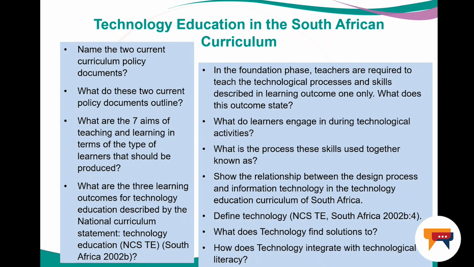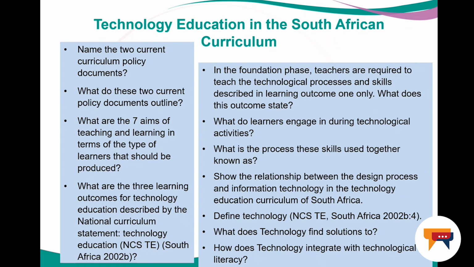So you need to basically show the relationship between the design process and information technology education. It requires that learners be given the opportunity to learn the processes and the skills involved in using information and communication technology.